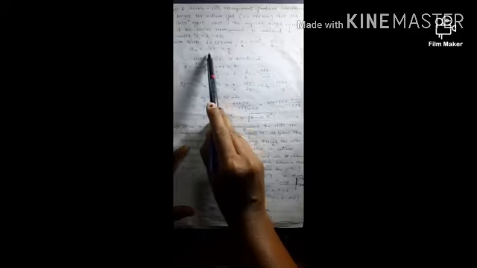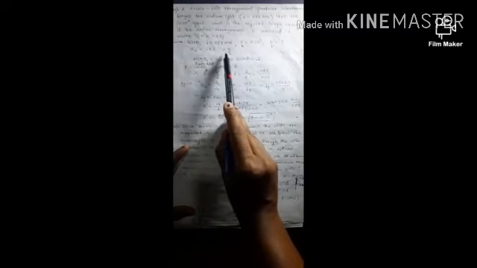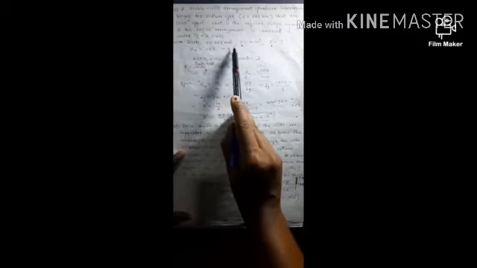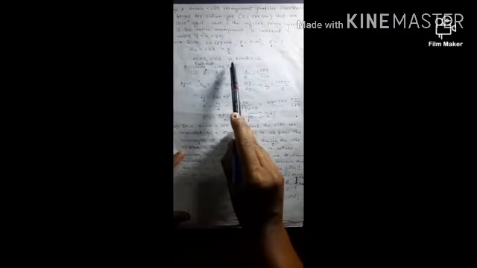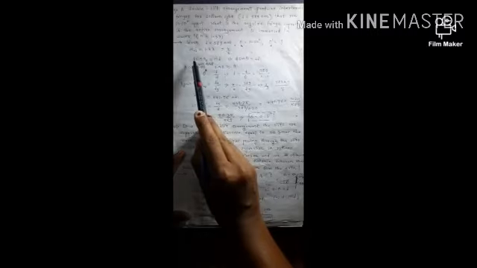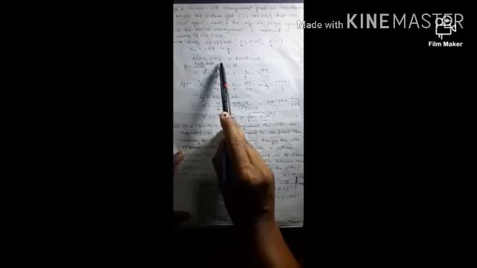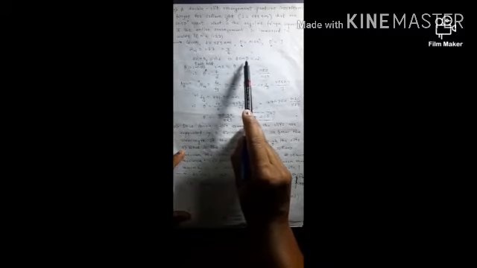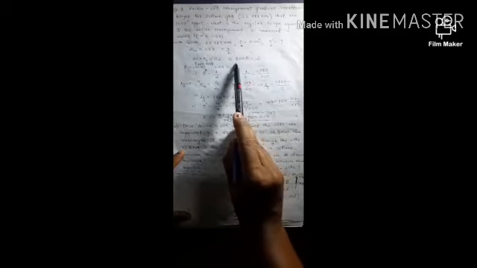Refractive index of water is 1.33, and we can write this 1.33 as 4/3 for the sake of convenience. Okay, so according to the condition, path difference equals n lambda. So if n equals 1, we can write d sine theta equals n lambda, where n equals 1.